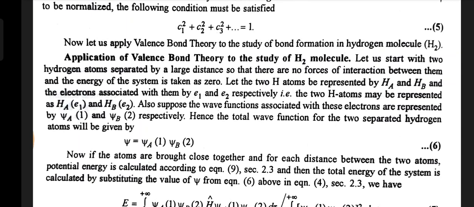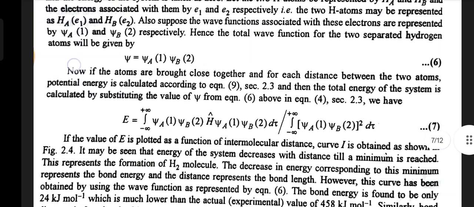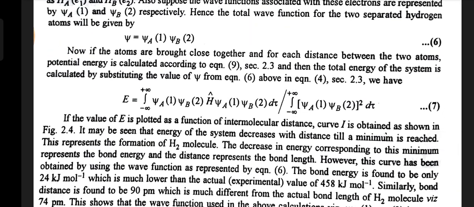Hence the total wave function for the two separated hydrogen atoms will be given by psi equals psi A1 psi B2. Now if the atoms are brought close together, and for each distance between the two atoms the potential energy is calculated according to equation 9 section 2.3, then the total energy of the system is calculated by substituting the value of psi from equation number 6 above in equation number 4 section 2.3.